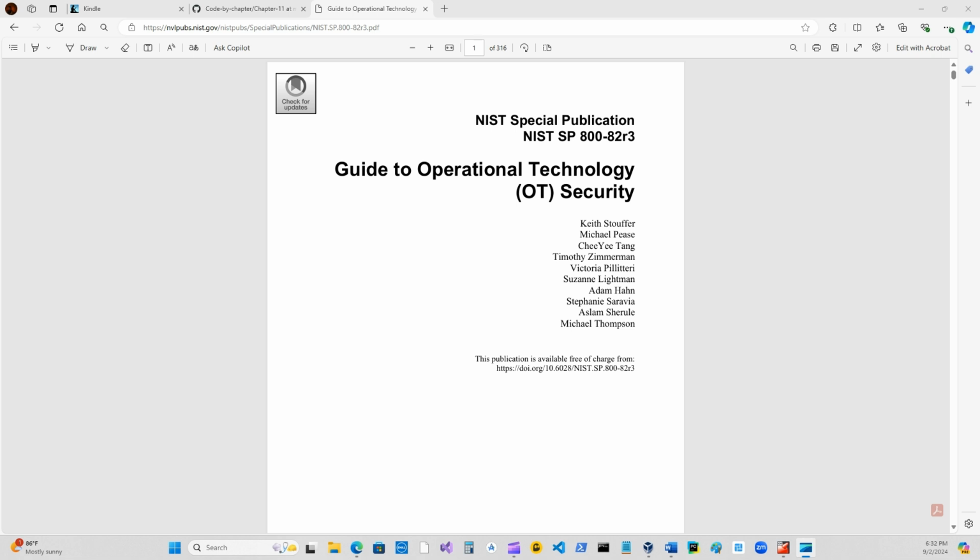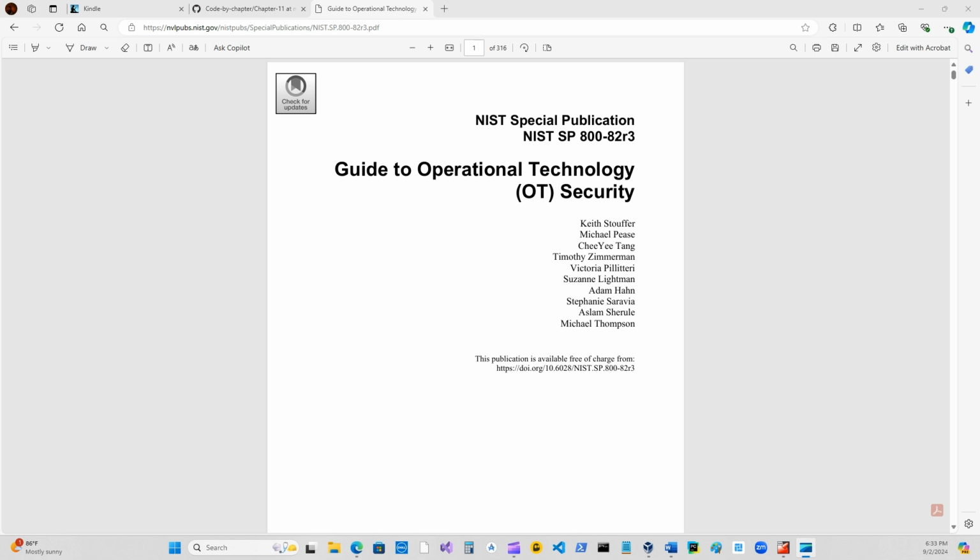Right now, I'm looking up NIST SP 800-82 Rev 3. Okay, and this one's a little bit different from NIST 800-53, but it's in collab with it, right?